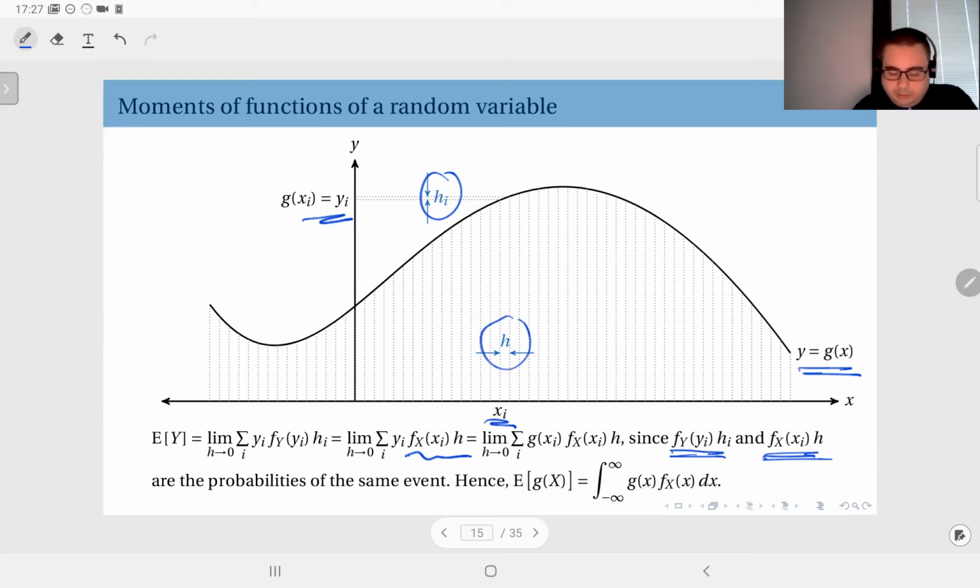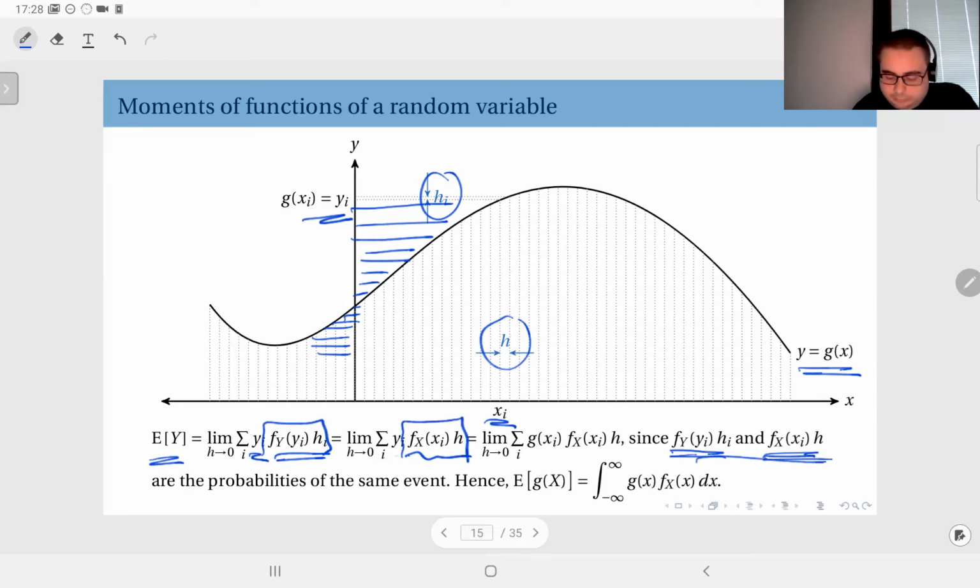Okay, so when you write the expectation of Y by definition, we will have these small intervals here, okay? And each outcome value, y sub i, multiplied by the probabilities of random variable Y being in the vicinity of that value. And as I said, this can be exchanged with this due to this observation.